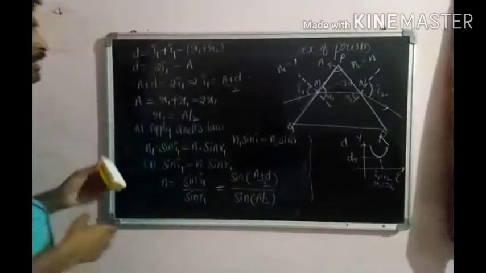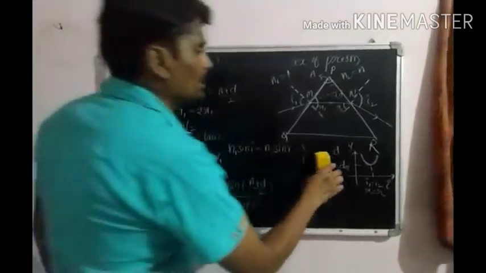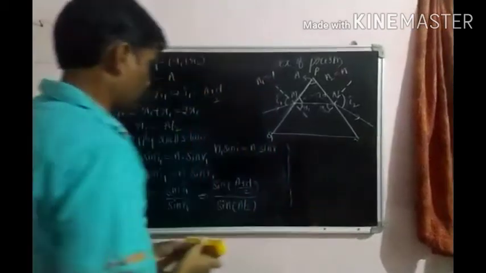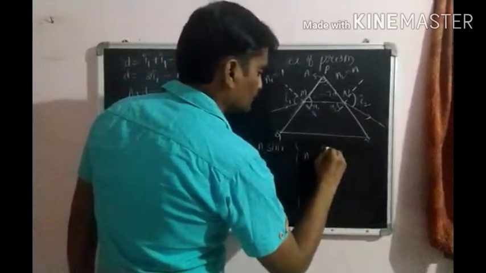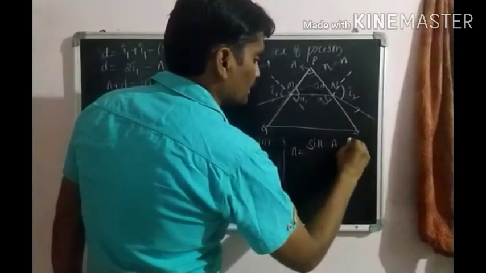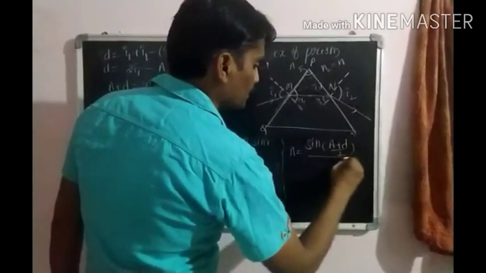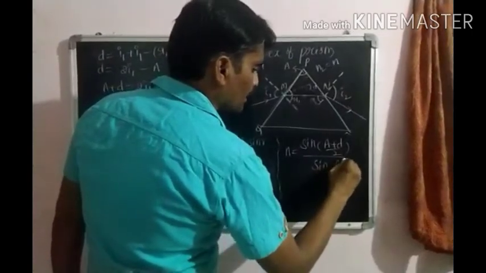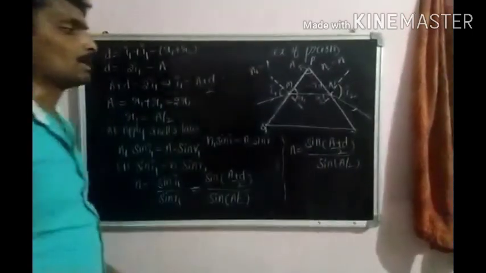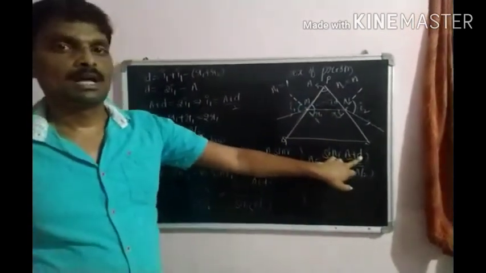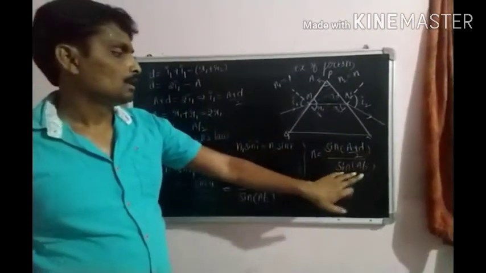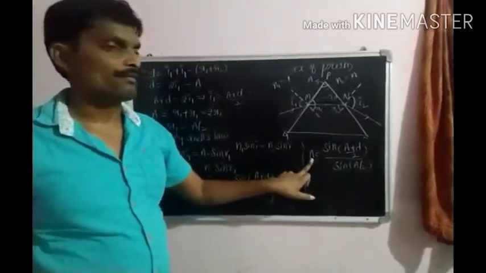So finally, the refractive index of the prism is N equals sin((A plus D) by 2) by sin(A by 2). In this formula, A means the angle of prism, D means the angle of deviation, and N means the refractive index of the prism.